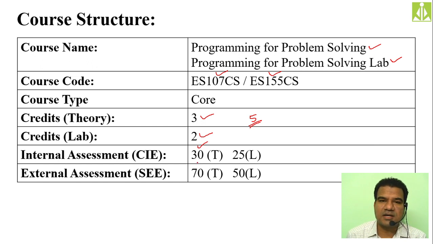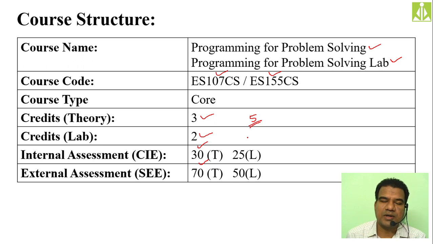For external assessment we have 70 marks. You will write an external theory exam for the university, and they will evaluate your paper and give the marks out of 70. Similarly, for the lab we have both internal and external assessments.